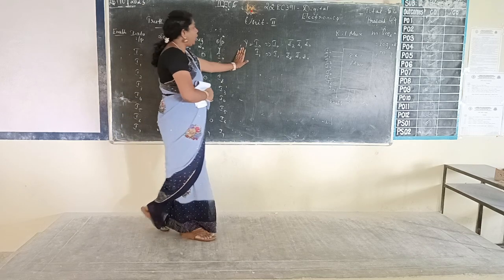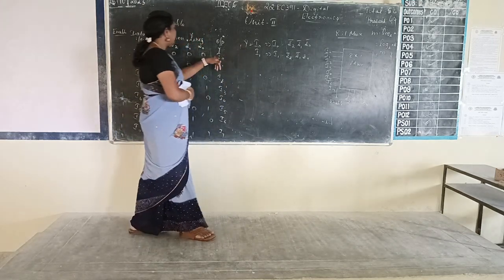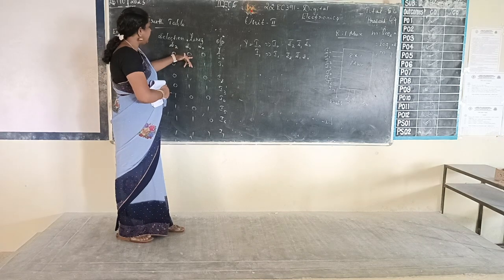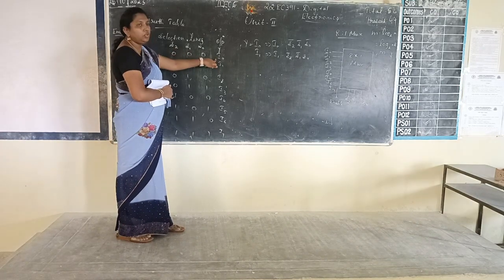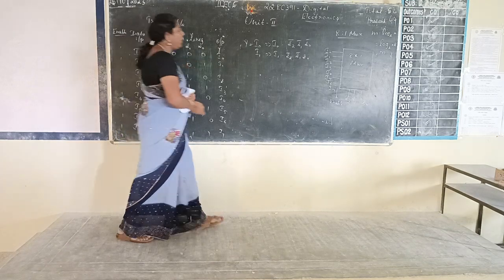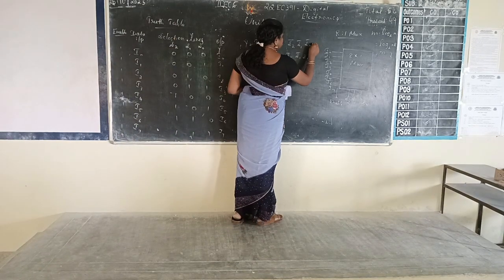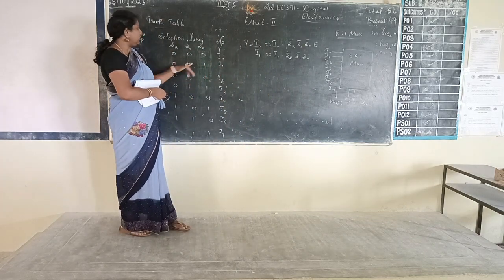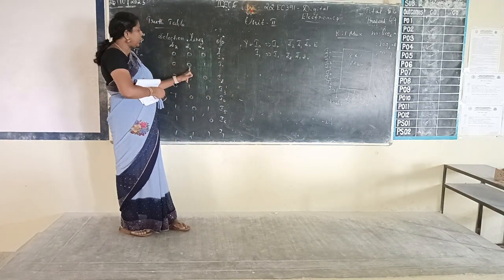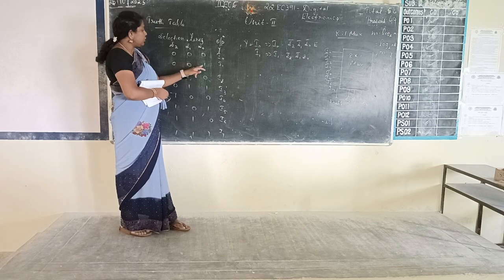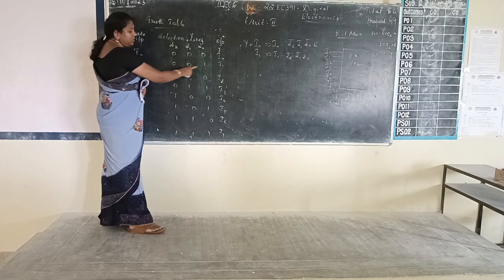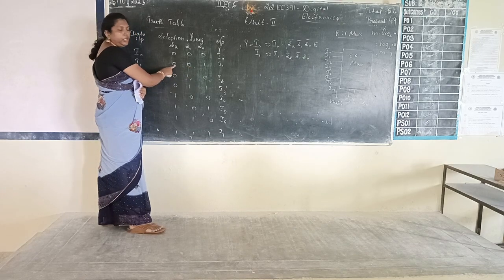Then the output y is given by, for I0, S0 bar, S1 bar, S2 bar into I0. You can add E also. Then for I1, S0, S1 bar, S2 bar into I1 into E.